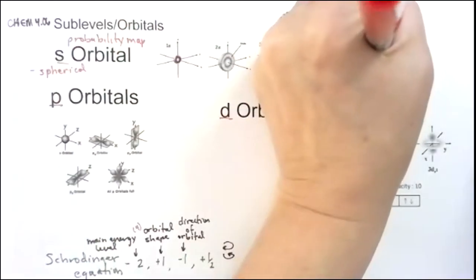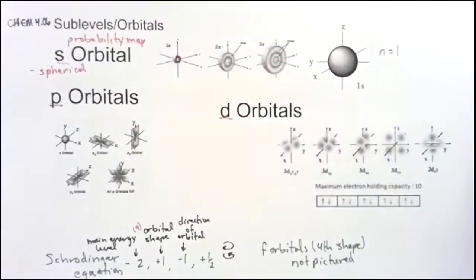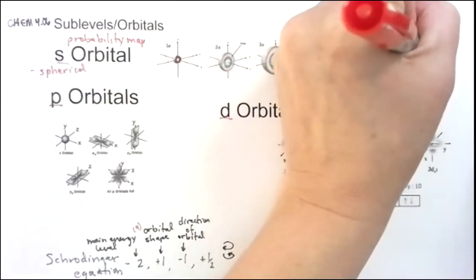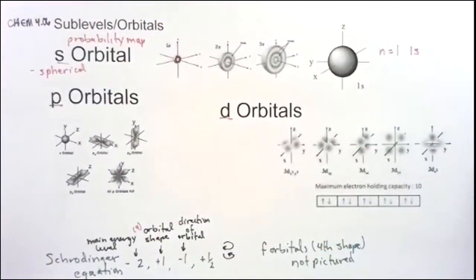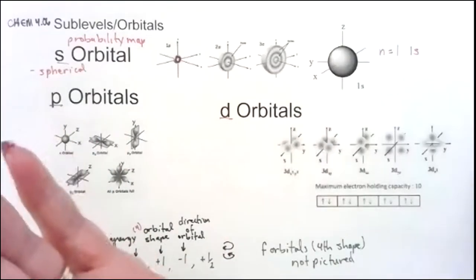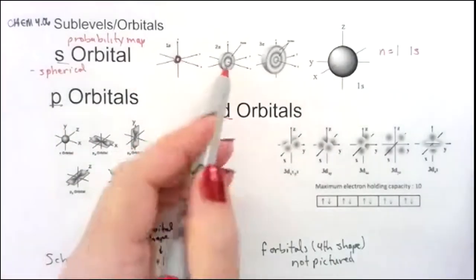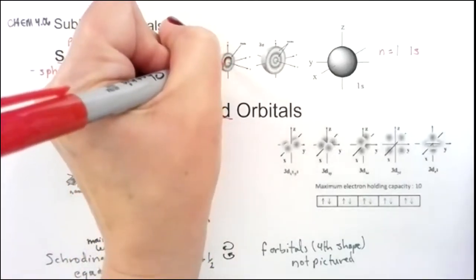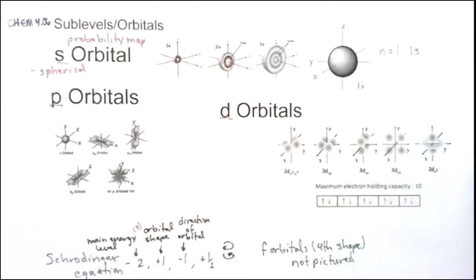At main energy level 1, when n equals 1, we only have one orbital. So the only orbital we have is a 1s. It's a super easy energy level because that's all there is. Now look at what happens. Here's our 1s again in red. The next orbital is the 2s.